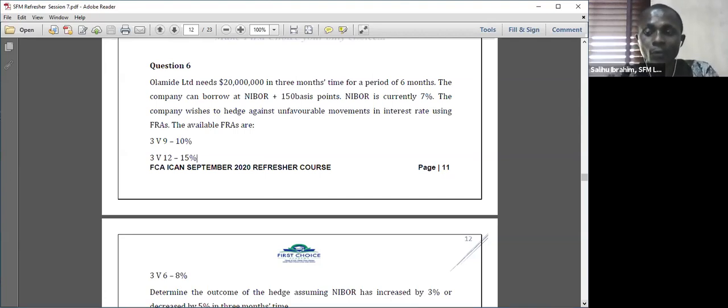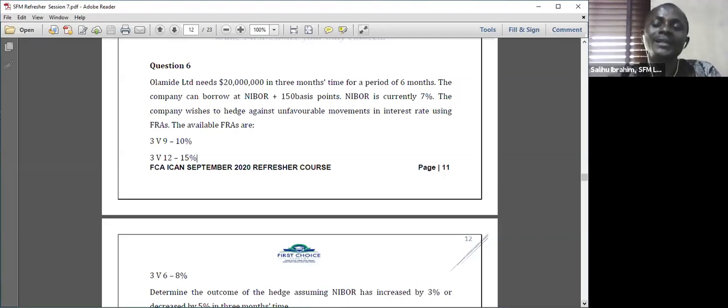If a company borrows at a fixed interest rate, the fear is that interest rate can fluctuate. If interest rate reduces below the fixed interest rate, the company will not be able to take advantage of the drop in interest rate below the fixed rate.